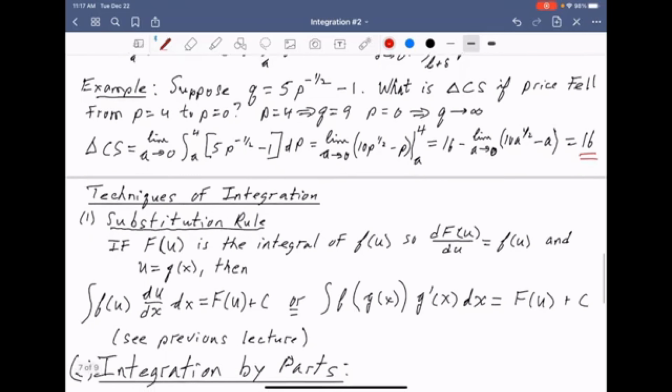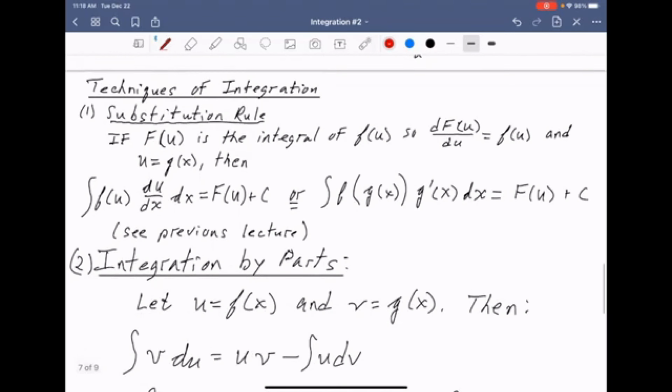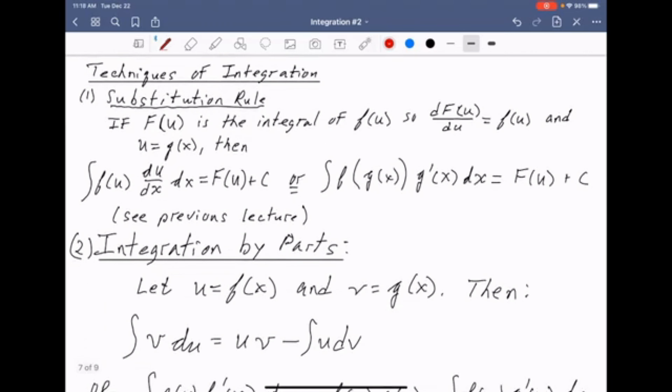Techniques of integration. The substitution rule: the integral of small f of u is big F of u, so that the first derivative of the function capital F with respect to u equals the lowercase f of u, and u equals g of x.